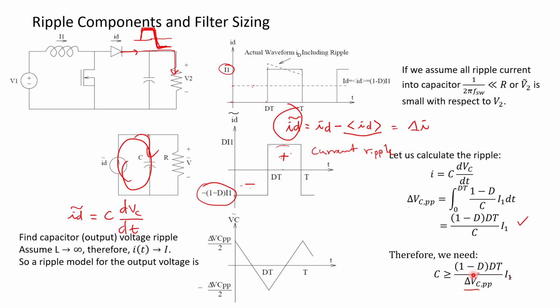But anyway, the bigger the storage element, the smaller the ripple. Of course, to have a good performance of our converter, we want everything smooth, right? I mean small ripple. But here, let's say we choose the ripple. We allow the ripple to be delta VC, but it cannot be larger than this. So it means you need to choose C greater or equal to this term, because bigger C is better, right?